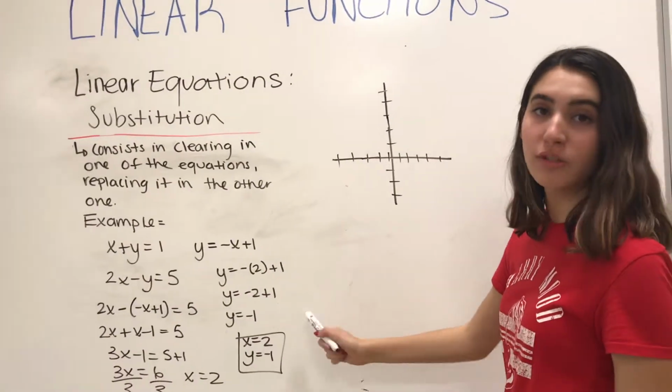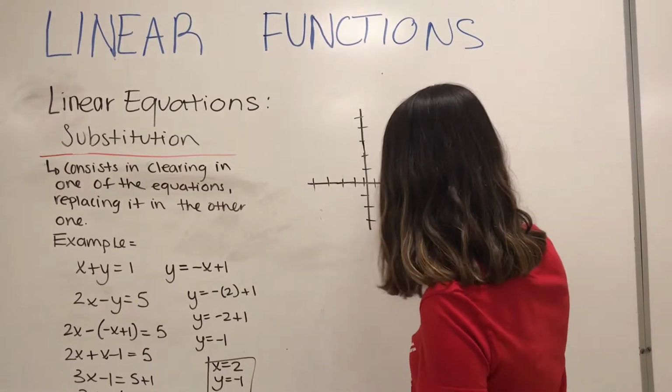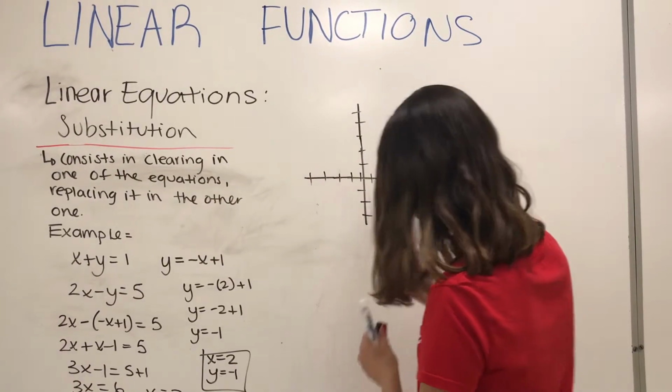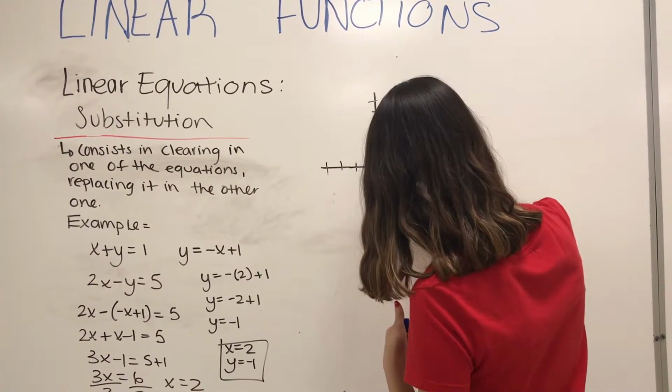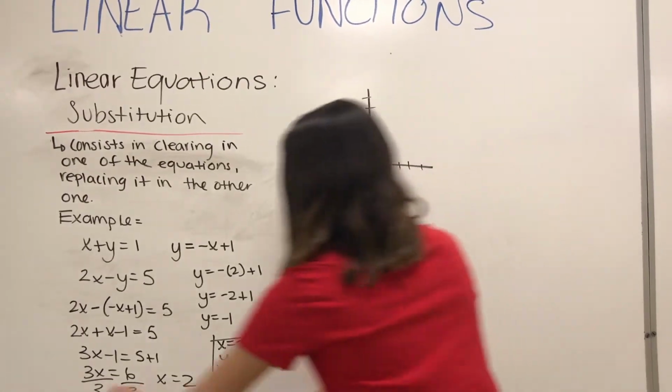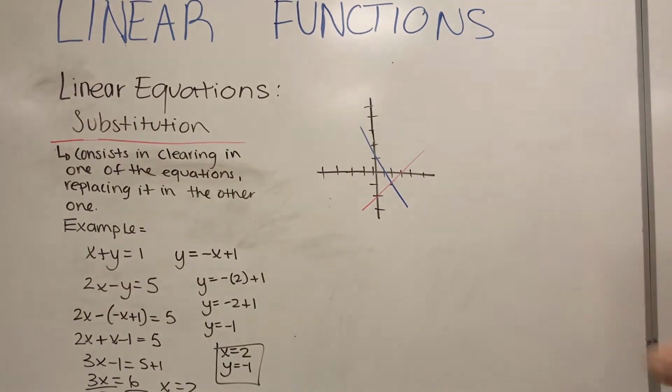Your answer will always be an intersecting point between two lines. So in here it is 2 and negative 1, and it will be the intersecting point between two lines. This can be an example like that.